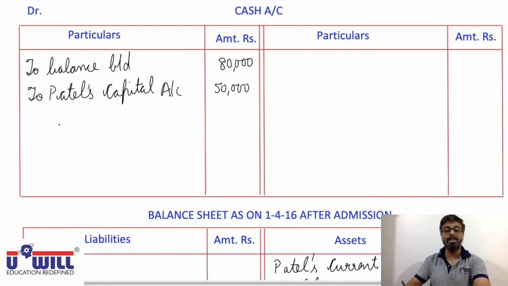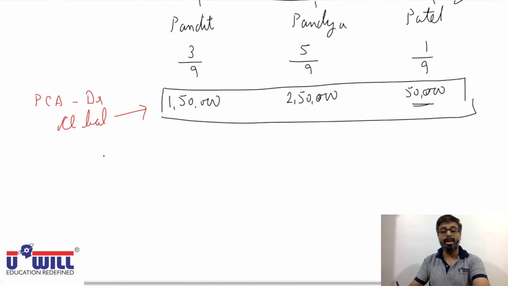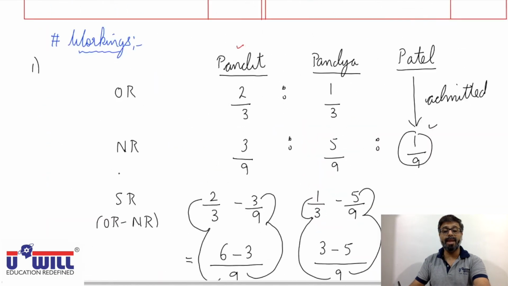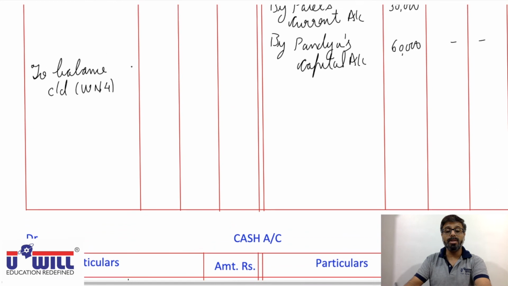So all of you first write down this closing balance in partner's capital account debit side as balance carried down, in bracket working note 4. What amounts?